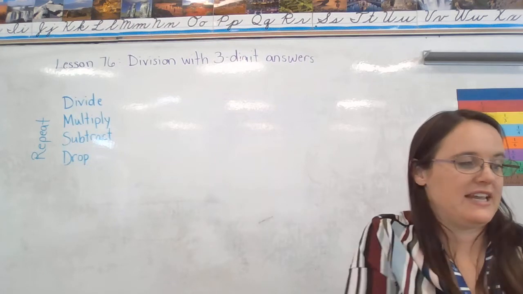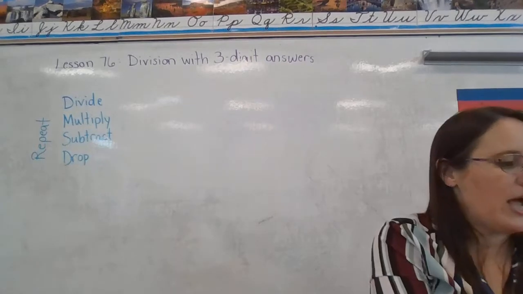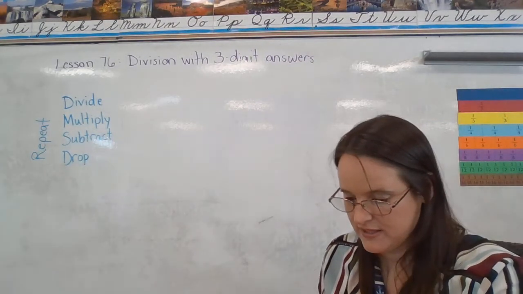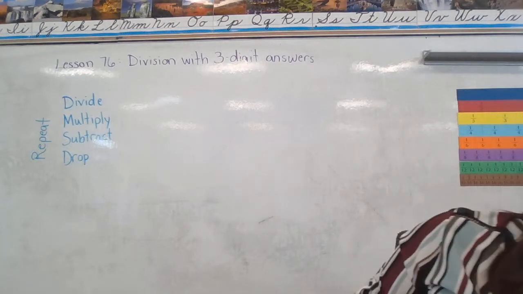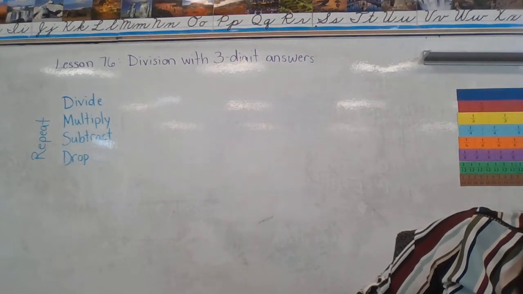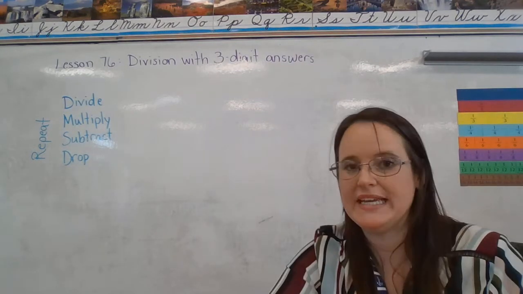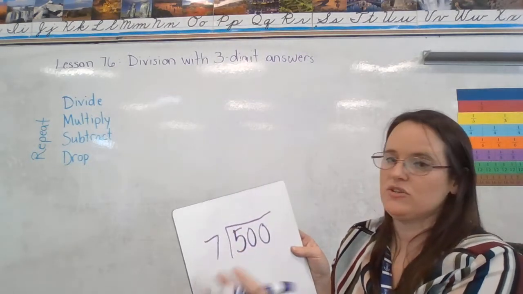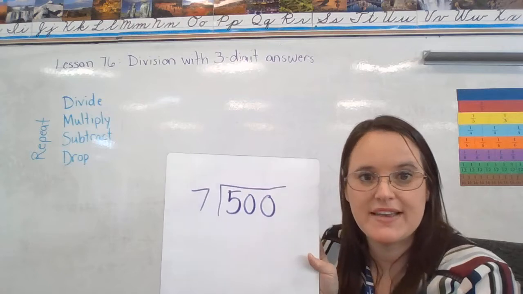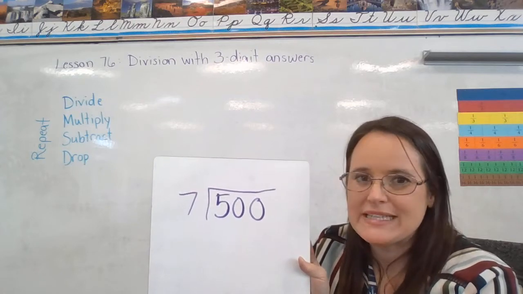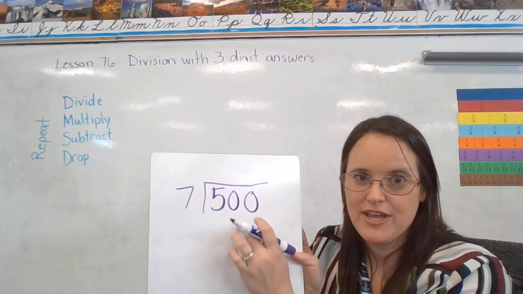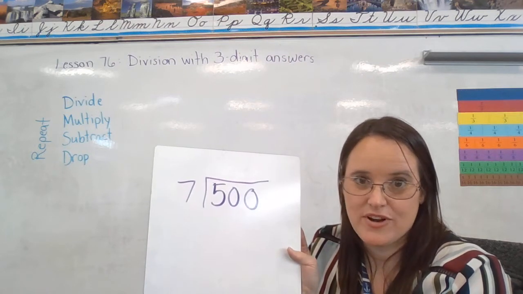So we're estimating there were about 500 cars, and they were split between 7 toll booths. So what they want us to do is divide 500 by 7. But remember, when we estimate, we can change this number to make it really easy to do in our head.